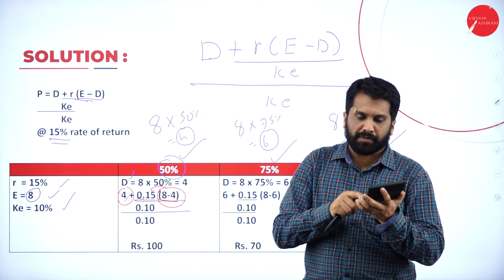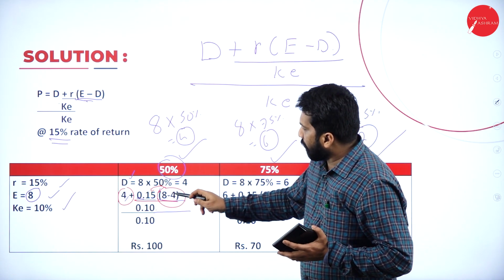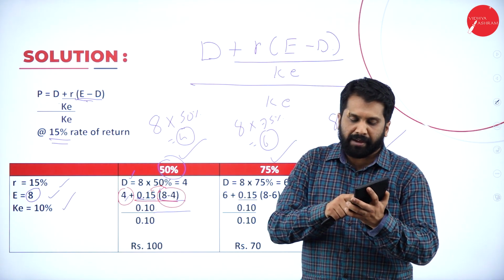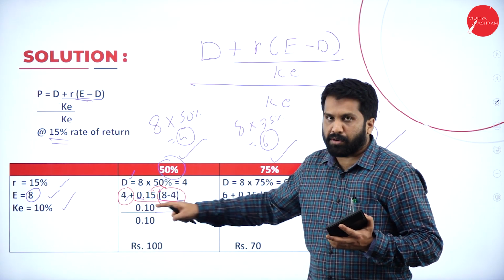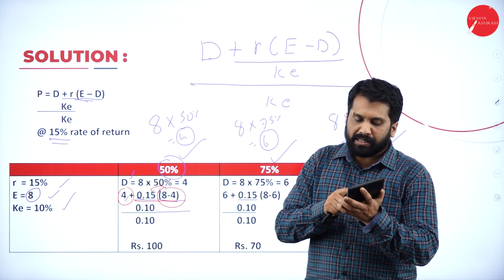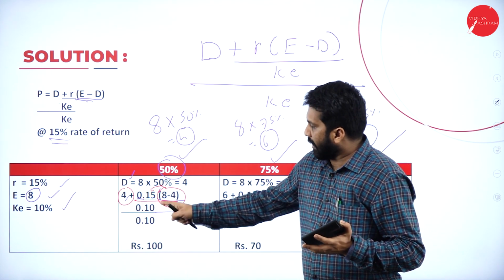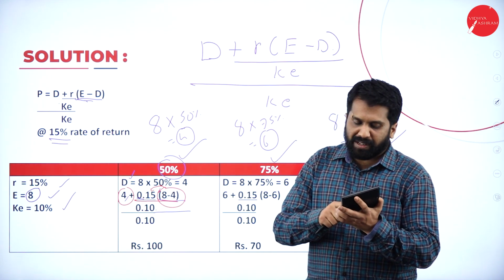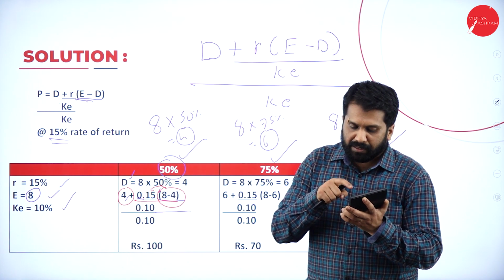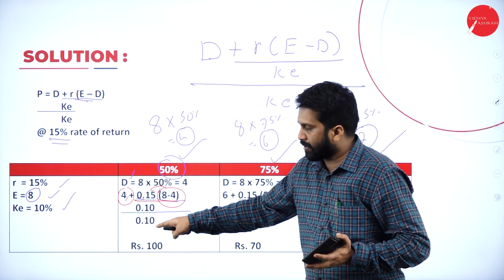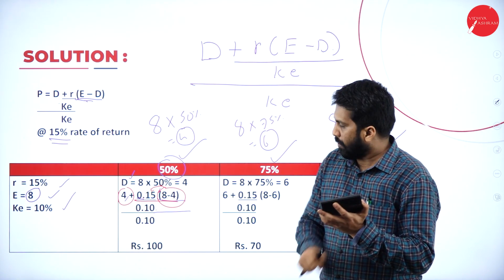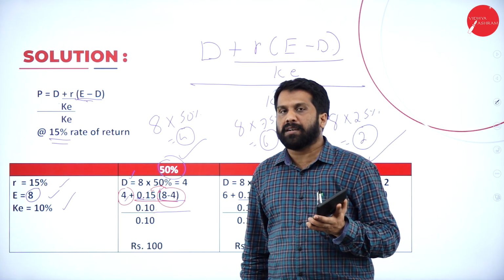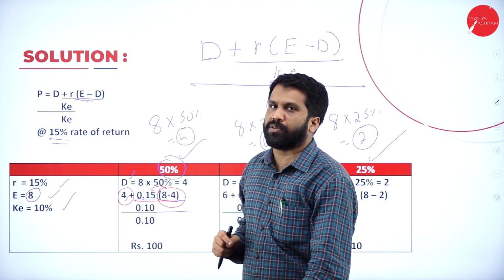After that, multiply by 0.15, then divide by 0.10, then plus 4, and divide the final answer by 0.10. I got 100. Hope you are clear. This is the procedure you have to follow.